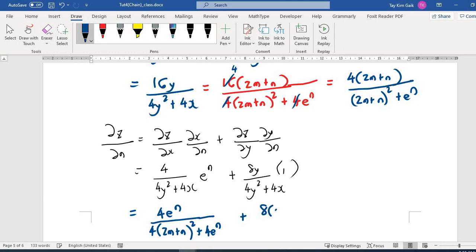Y is actually 2m plus n. So divided with same denominator. So 4 times of 2m plus n squared plus 4 exponent n.